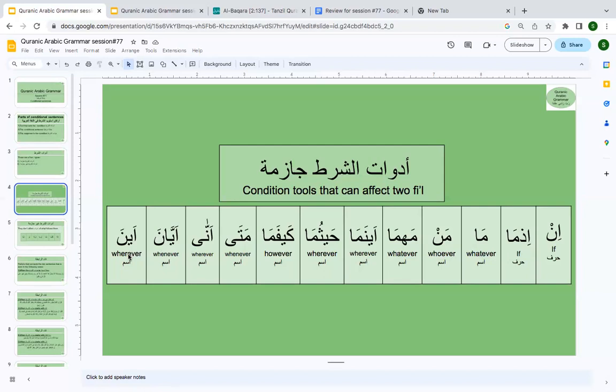I bolded for you in the second term the ones that you really need to know, so make sure you know all those, you cannot skip them. The rest you will know anyway. If you have learned five, you will say, why not learn the rest as well? Inshallah, may Allah give barakah in your time so you are able to finish them. These are the particles that can be used as a tool to set a condition, and there will then be a response to the condition after them.